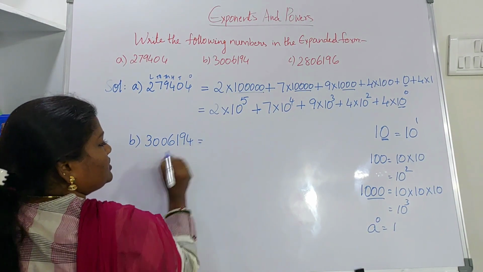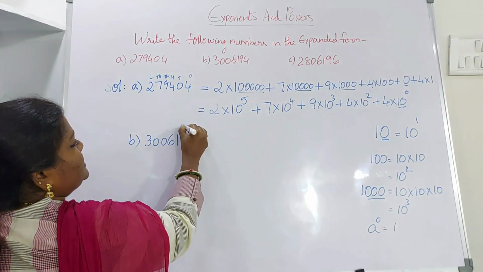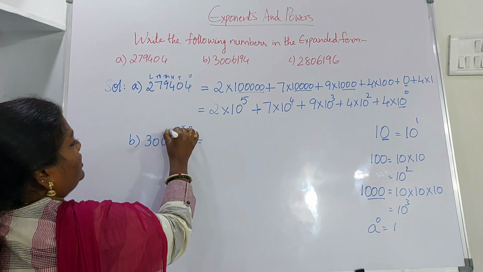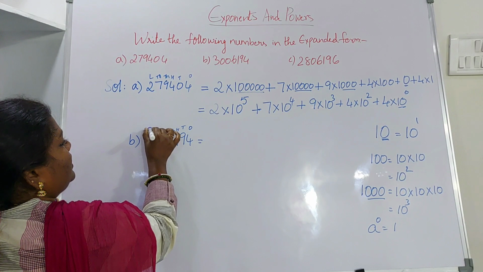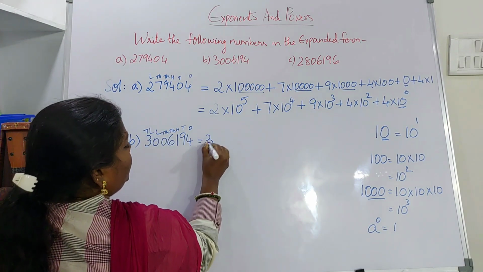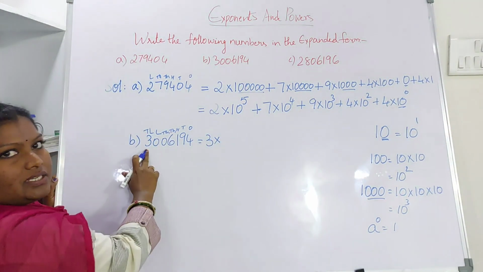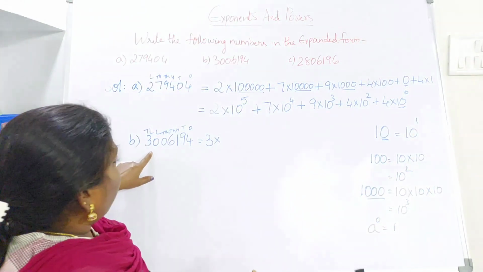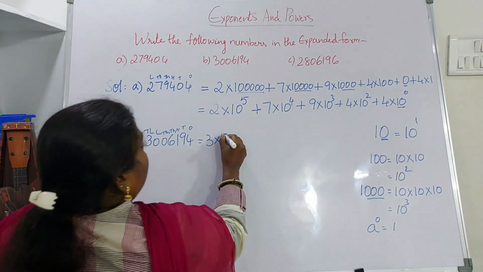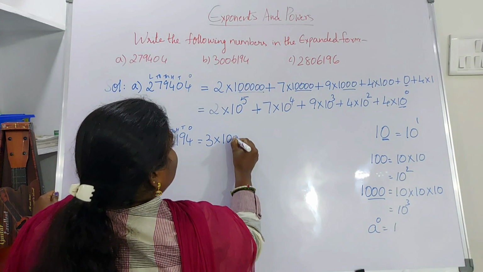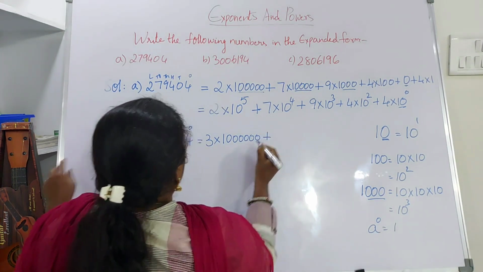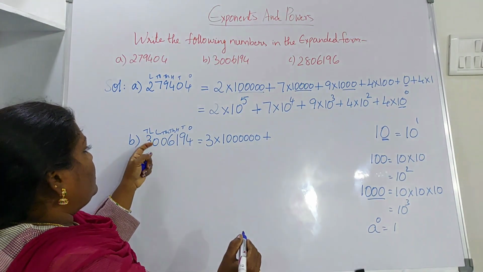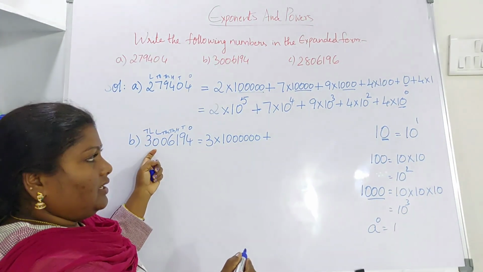3006194. So here also same process: ones, tens, 100, 1000, 10,000, lakh, 10 lakhs. Now here 3 into, in which place is it? It is in the 10 lakhs place. So 1 followed by 6 zeros, plus 0. 0 is in the lakhs place, so you can neglect this.